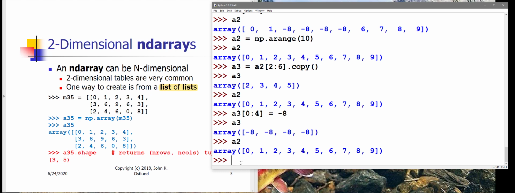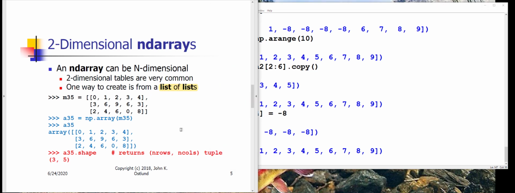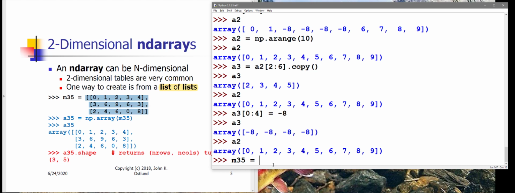I'm going to create this list of lists called M35, and I'm much too lazy to type this, and I'll make too many typing mistakes, so let me copy and paste instead. There we go.